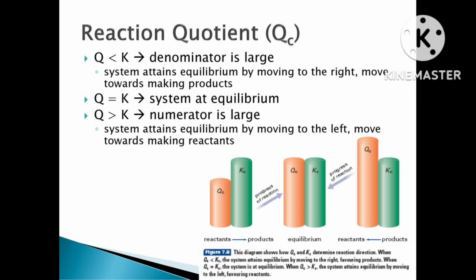Correct? How quickly can you tell? By seeing the value you can tell by comparison. If Kc value is more, then forward direction. If Kc value is less than Qc, then backward direction. This is the important thing I have told you. Left to right, towards product, is the forward direction, and right to left, towards reactant, is the reverse reaction.